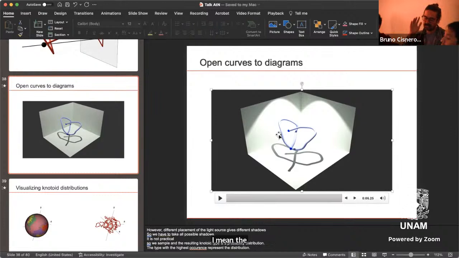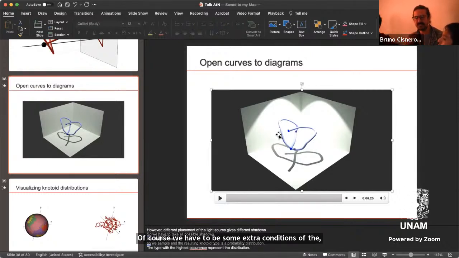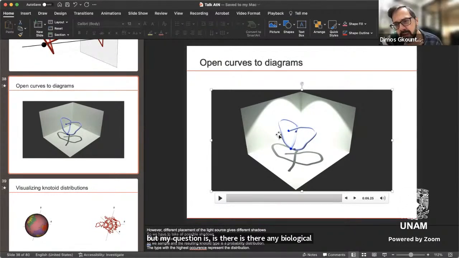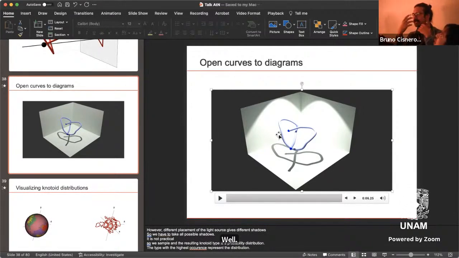For example, we could do it in the space of diagrams or in three dimensions. Of course, we have to give some extra conditions on the regularity of the curves. But my question is, is there any biological motivation for that? Biological motivation to define the distance? Well, but I'm talking about, given one knot, is there a necessity of finding a minimizer in this class?